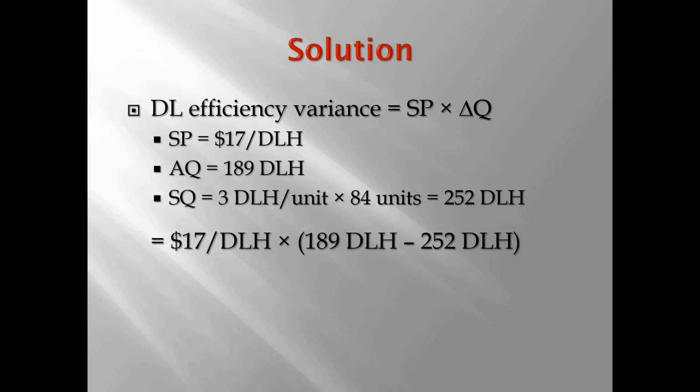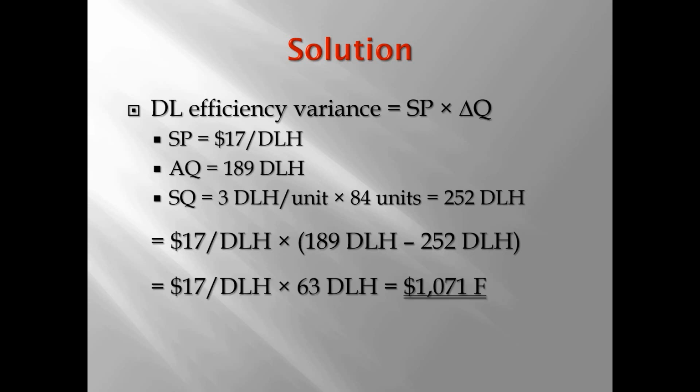So what we're trying to find is the dollar difference that it makes that we actually used fewer labor hours than we would have expected, given the fact that the standard wage rate is $17 per hour. In other words, ignoring any price variance for labor.